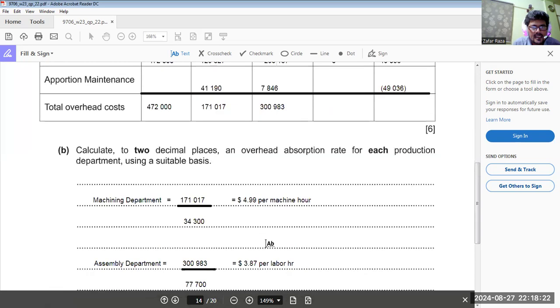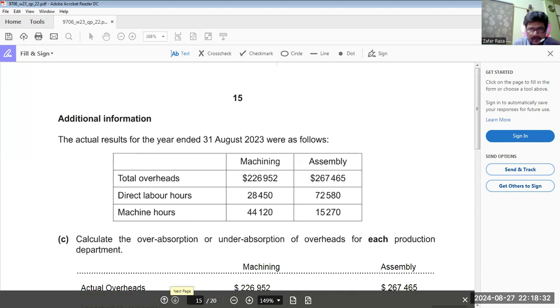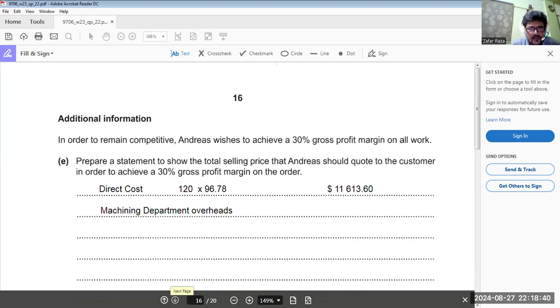Here is the rate. $4.99 per machine hour. Okay, 4.99 per machine hour.